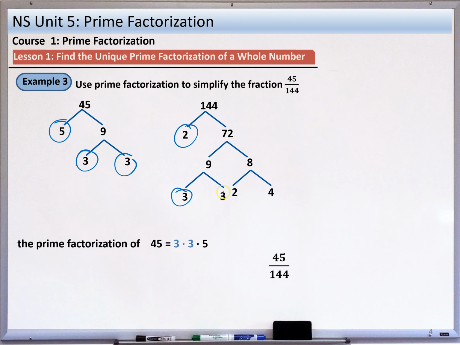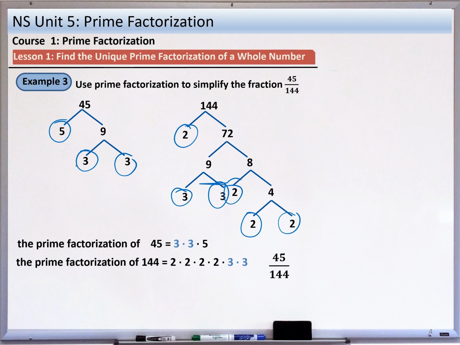We have prime, prime, prime, and prime. And the factors of 4 are 2 and 2. So our prime factorization of 144 is 2 times 2 times 2 times 2. Let's count that: 1, 2, 3, 4. Times 3 times 3.